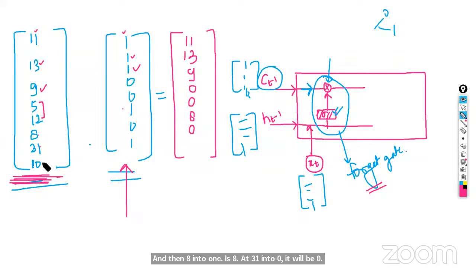10 into 1, 10. Now see, whatever operation this neural network will perform with this C of t minus 1, the previous memory cell output, now it will update this cell state as C of t, with these particular values.